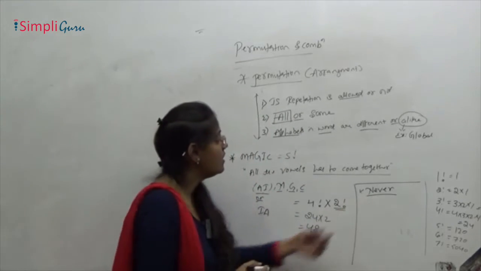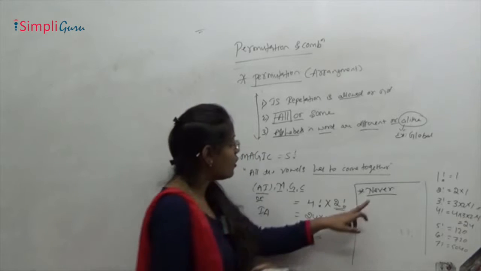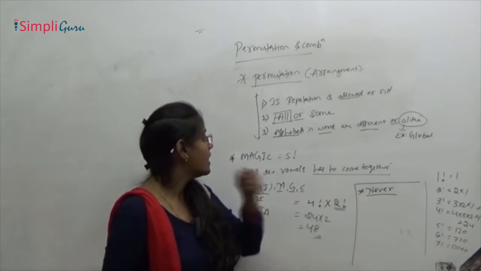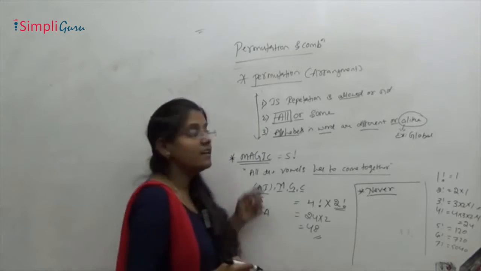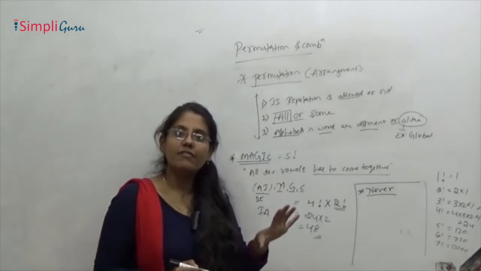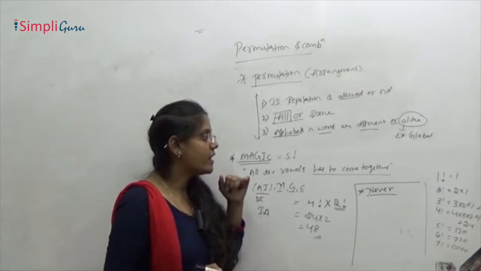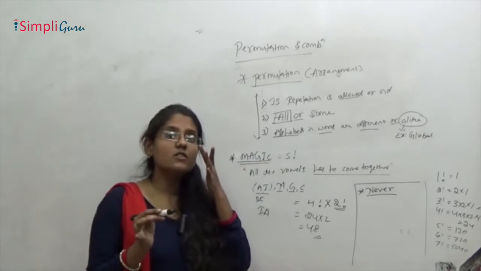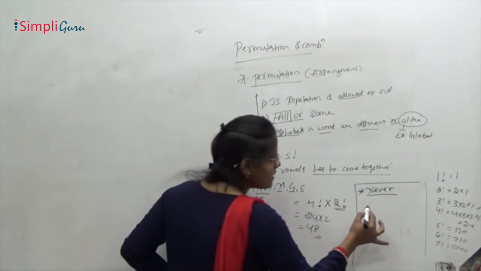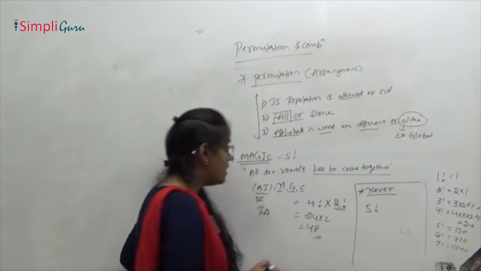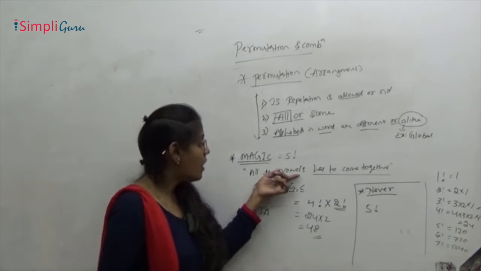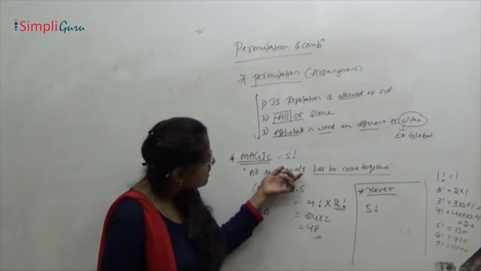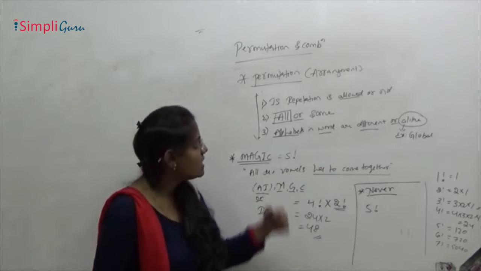What do we have to do here? They are asking that all the vowels should never come together. So first, how many alphabets are there in the word MAGIC? I will have 5 alphabets. So it is 5 factorial. This is 5 factorial when there is no restriction. So take it as 5 factorial as it is. Now, how many ways can you arrange the vowels in which all the vowels have to come together?